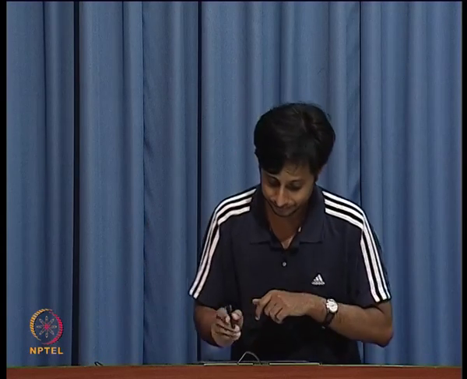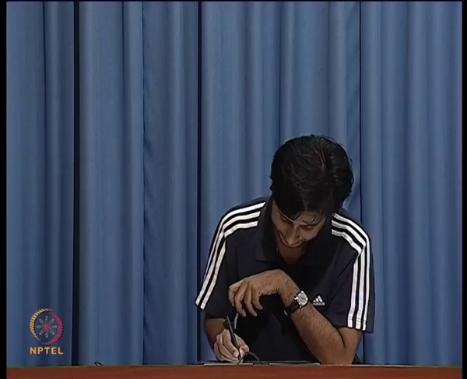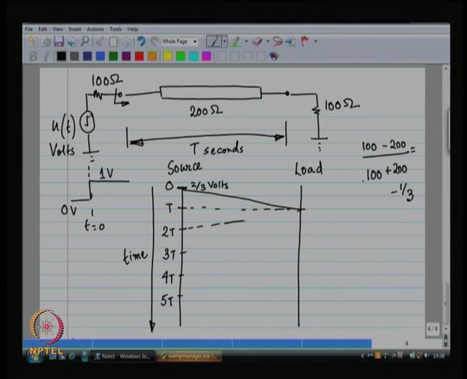Do not be surprised with negative numbers. So, what is going to happen is, this 2 by 3 volts wave is going to hit the load, and minus 1 by 3 is going to be reflected back from the load. So, a wave of value minus 1 by 3 is reflected back from the load.